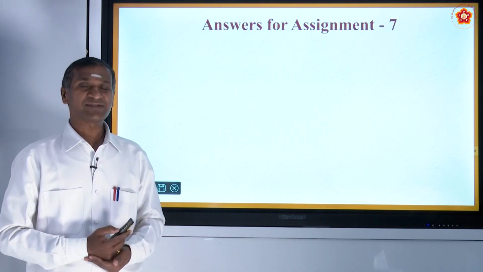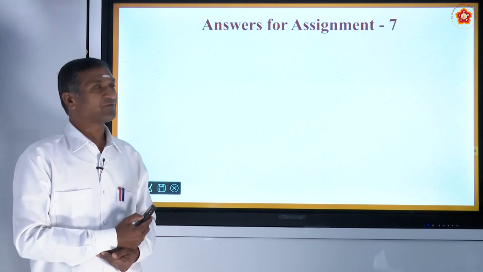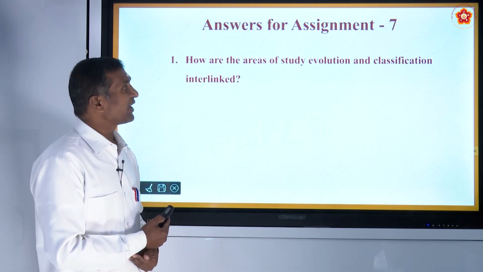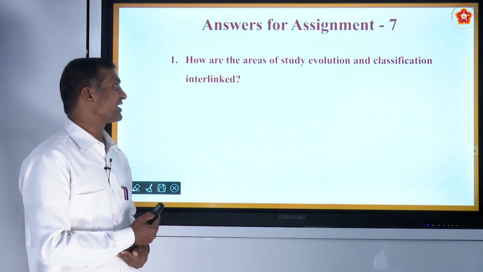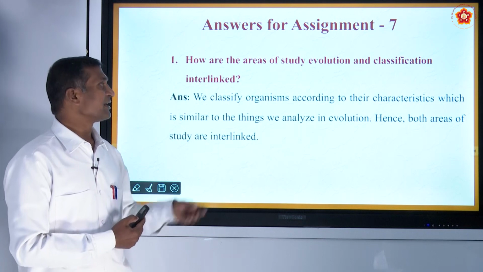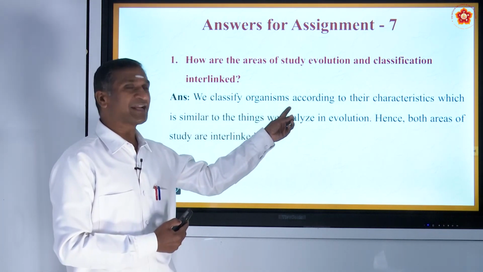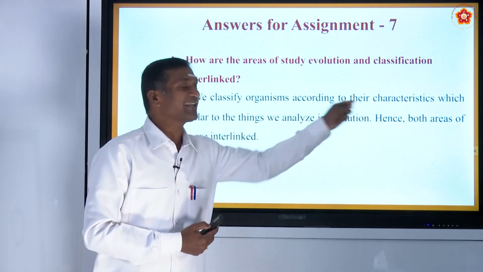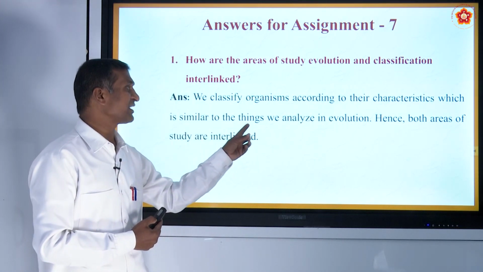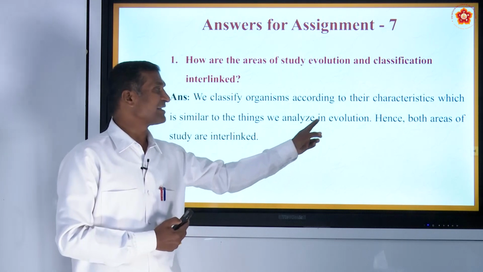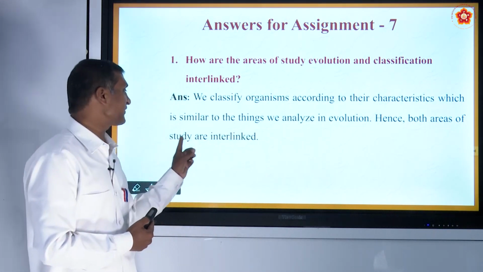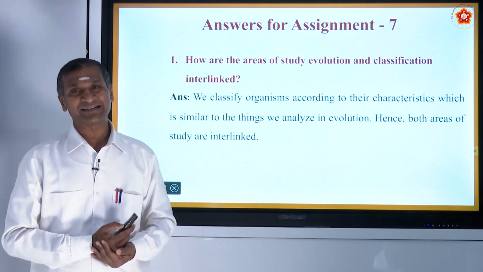Our answers for assignment 7. The first question: how are the areas of study, evolution and classification, interlinked? As we already discussed, we classify the organisms according to their characteristics, which is similar to what we analyze in evolution. Hence, both areas of study are interlinked.